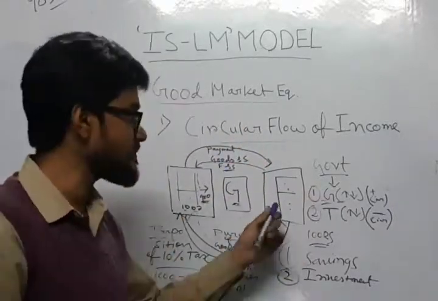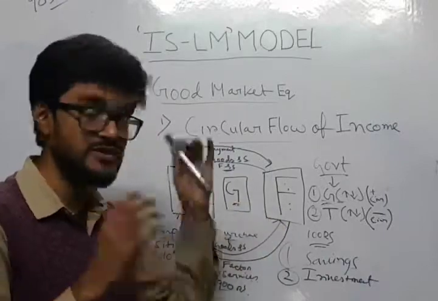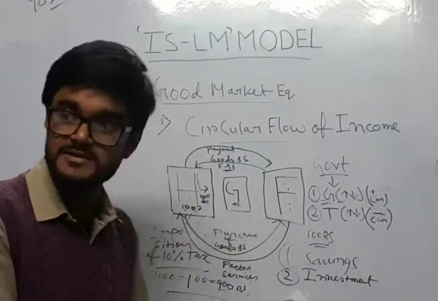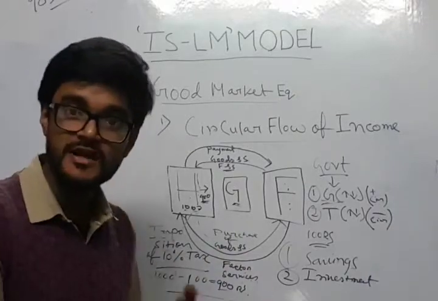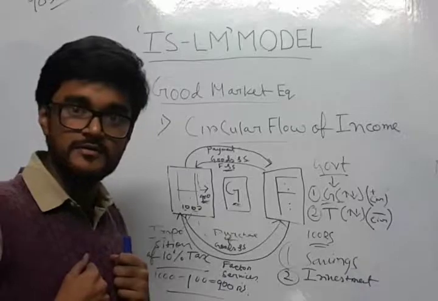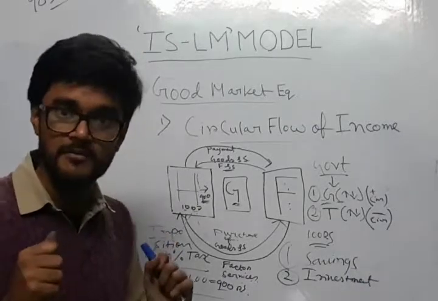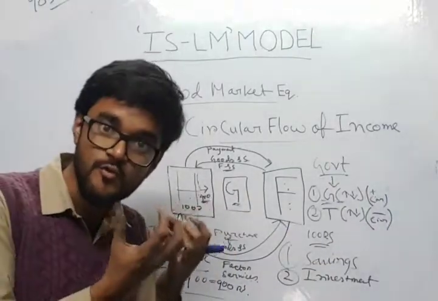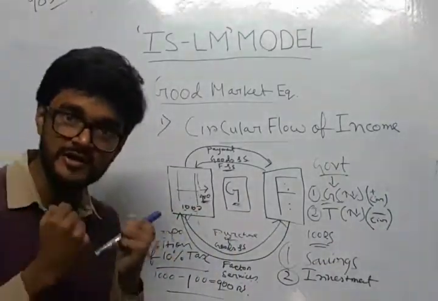Let's say the firm pays us the 1000 rupees. Now we have that 1000 rupees. That is called factor income, the payment made by the firm.